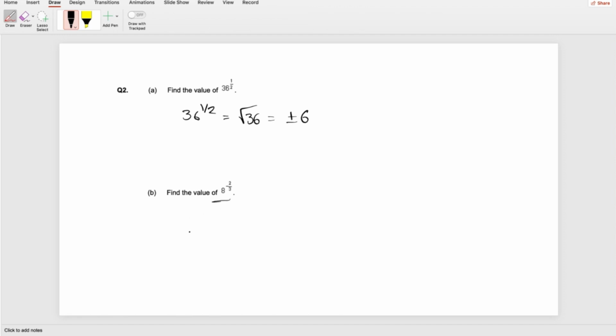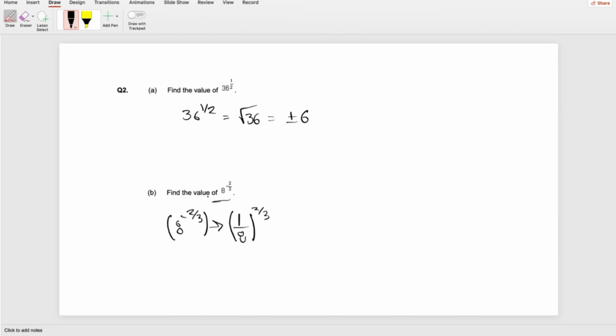First of all, you do it step by step. So 8 to the power of minus 2 over 3. Write that down first. First of all, get rid of the minus. You get rid of the minus by getting the reciprocal, 1 over 8, and then all of that to the power of 2 over 3.